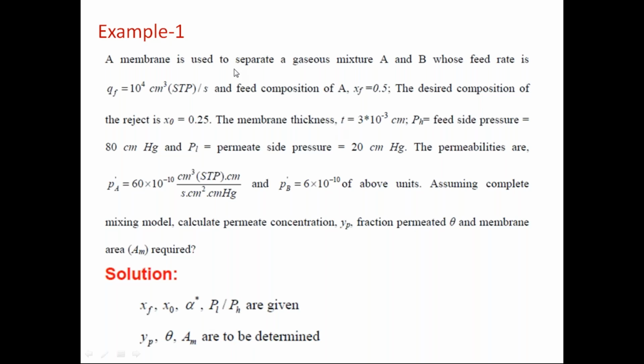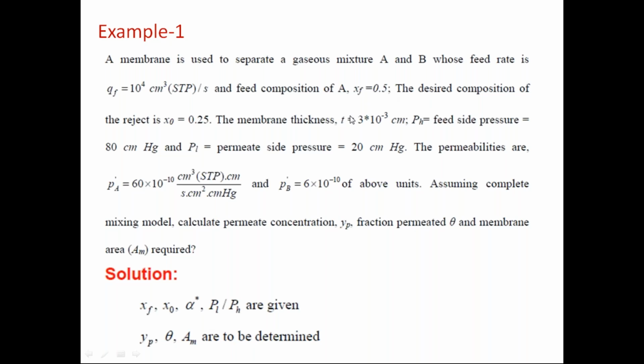So the first problem, all of you can note down: a membrane is used to separate a gaseous mixture A and B whose feed rate is given as a volumetric feed. Particularly in the gas case, the conditions are to be maintained, at STP, standard temperature and pressure. So this is the gas flow rate in centimeter cube per second, and the feed composition of A is 0.5, which is the mole fraction.